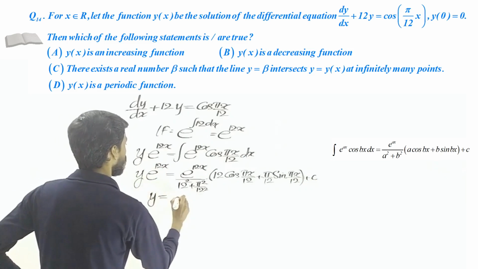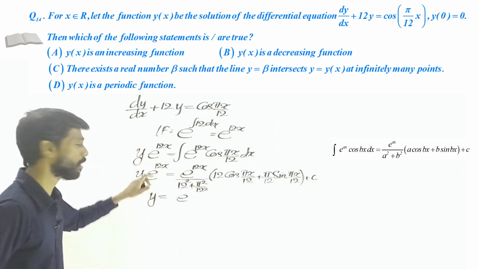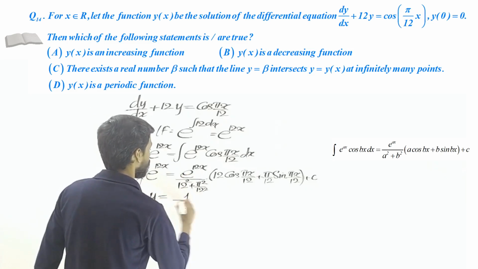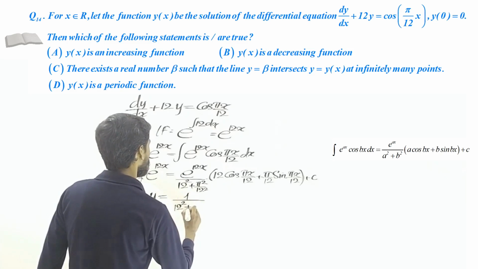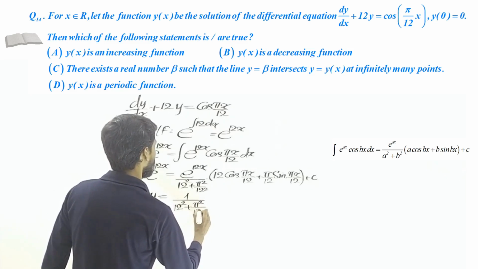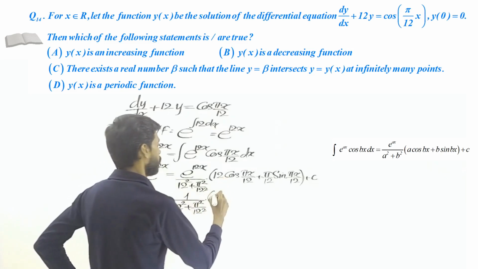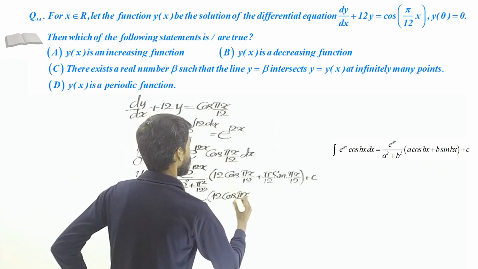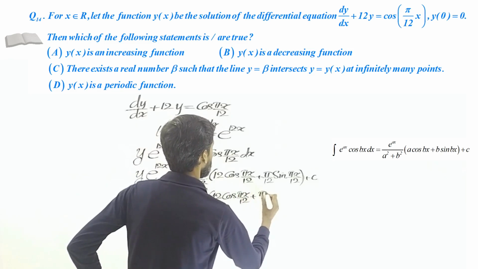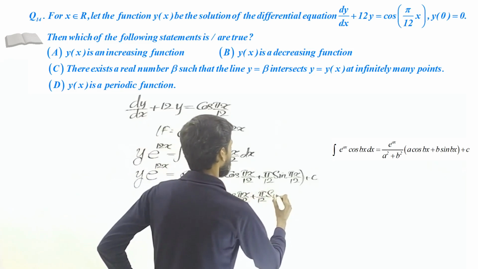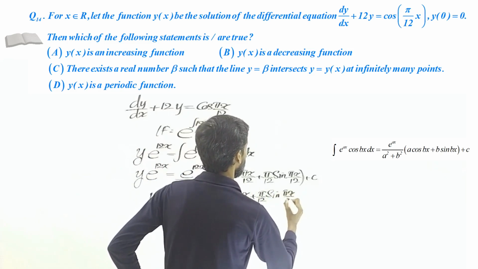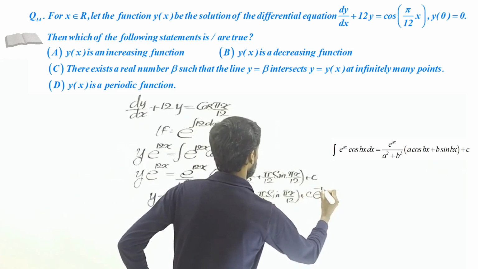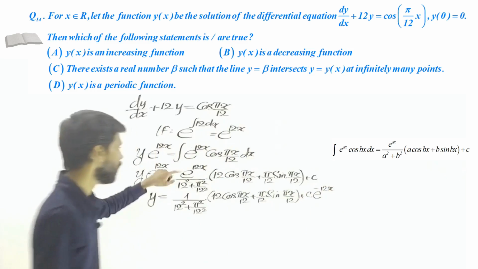So y is equal to 1 divided by 12 square plus pi square by 12 square multiplied by 12 cos pi x by 12 plus pi by 12 sine pi x by 12, plus c e to the power minus 12x, because we are dividing by e to the power 12x.